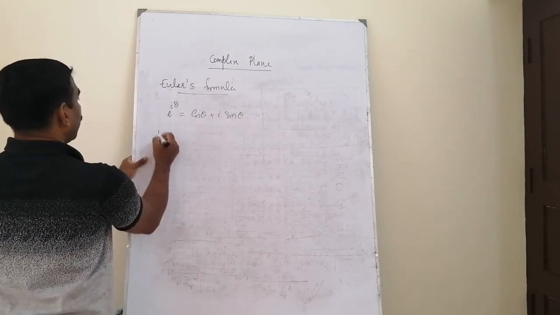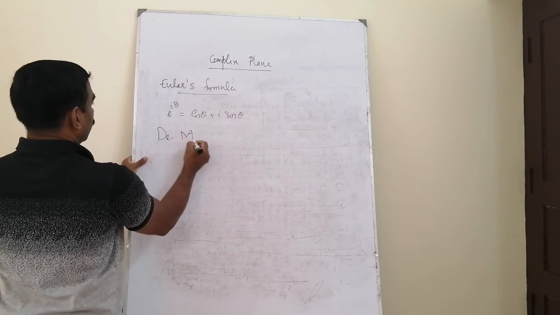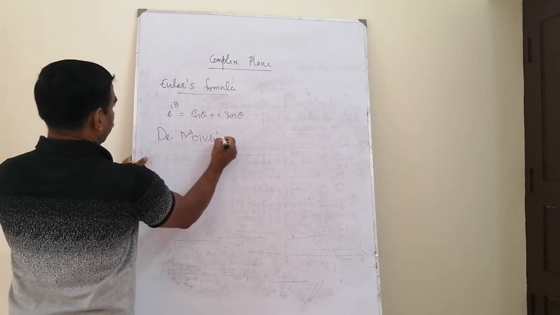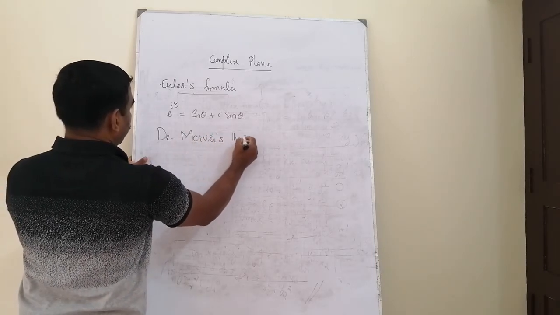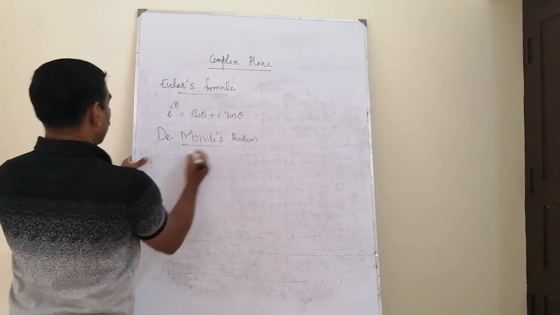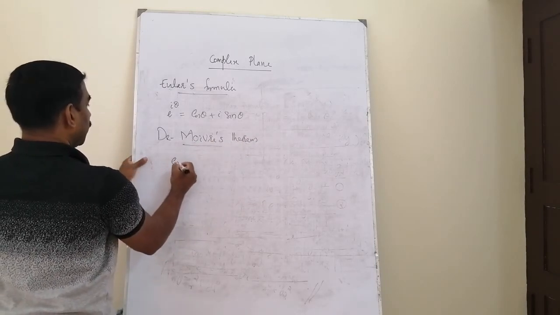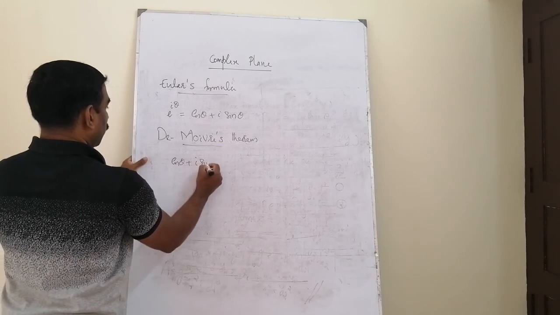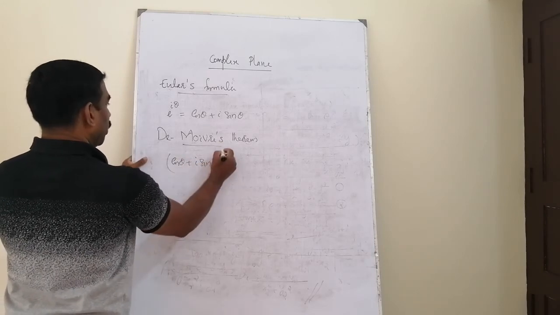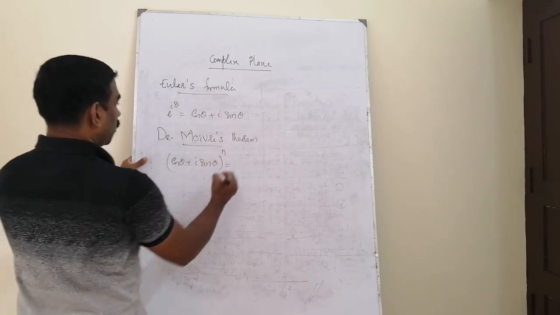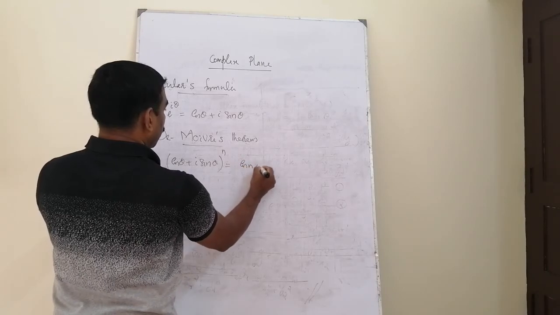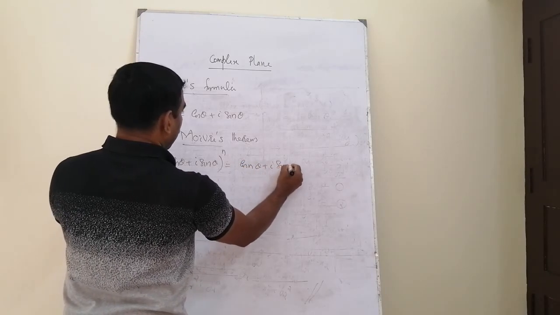And another formula is De Moivre's theorem. What is De Moivre's theorem? Cos theta plus i sin theta, the whole raised to n, is equal to cos n theta plus i sin n theta.